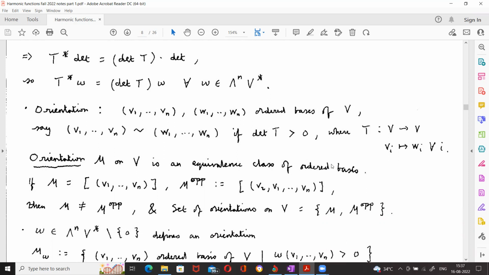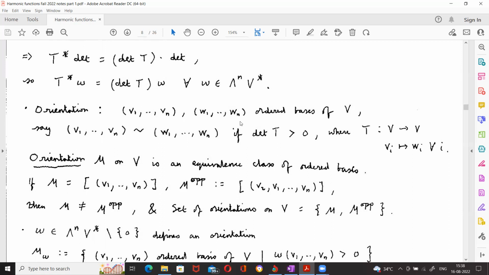Is this clear? Yes. So this equivalence class is nothing but a connected component of the set of ordered bases, right? Like I was saying earlier. Is that clear? Yes, sir.